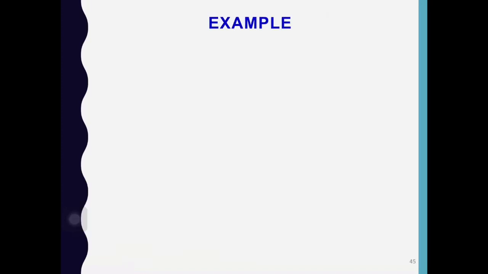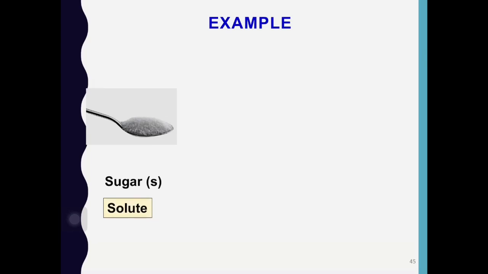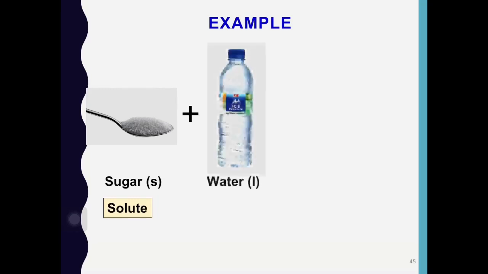Let's look at this example. In this example, sugar is the solute. Please keep in mind that solute can be in the form of solid or liquid. And then sugar is added into water. So water is the solvent. So water must be in the form of liquid.